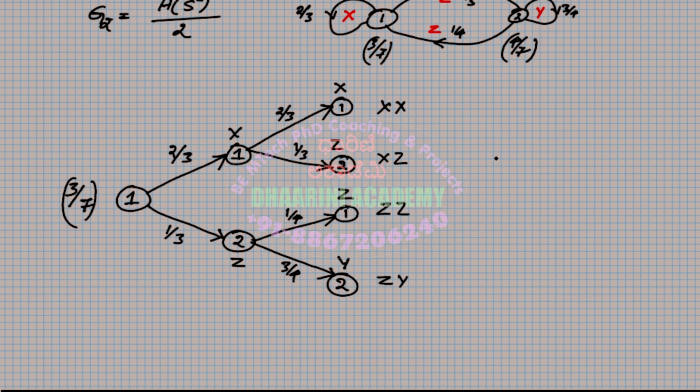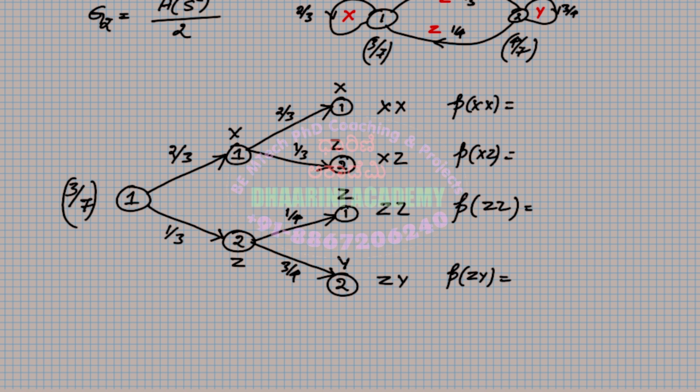So let me write a probability also. So probability of XX, let me write here. There is another probability of XZ I can calculate. Probability of ZZ I can calculate. And I can also calculate probability of ZY. So how do you calculate? This is the rule.